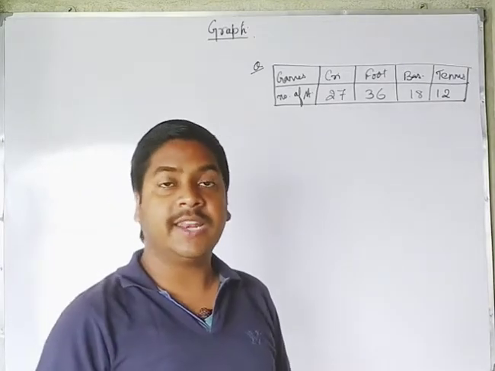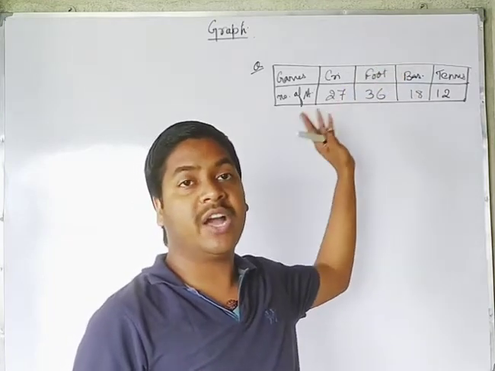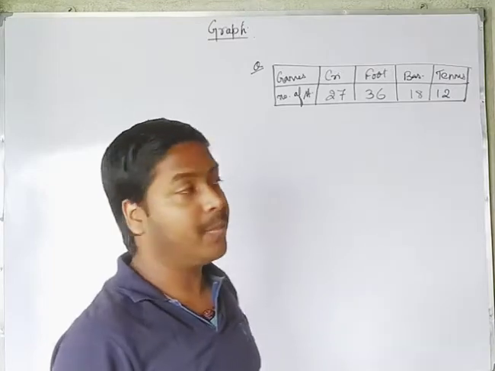See, here a specific name is given, so we are unable to make a histogram. So we will make a bar graph.